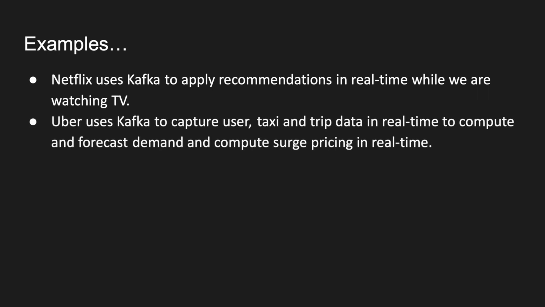Second is Uber uses Kafka to capture user, taxi, and trip data in real time to compute and forecast demand and surge pricing in real time. So Uber uses Kafka extensively. So these were some examples.